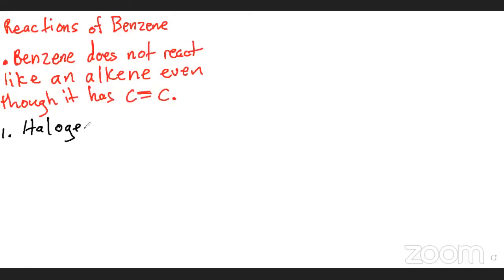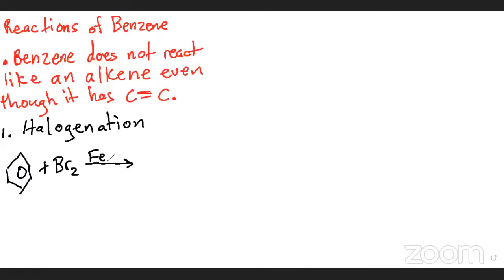are the halogenation, and in this syllabus, it asks for bromination specifically. All right, so I'm doing the equation first, then the mechanism. If you have benzene and you want to react it with bromine, you are going to use a catalyst.